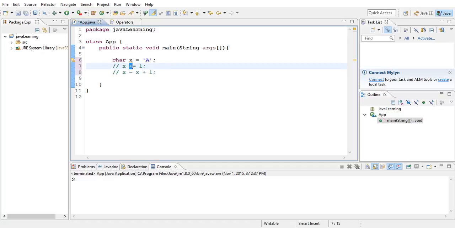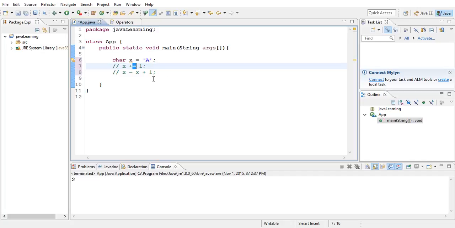But in this case no such conversion takes place. This value of x is treated as what it is, that is character. So this process is more efficient than this one. So anytime you come across this type of situation in which you need to add x to itself and some other value, better go with the arithmetic assignment operator because it is treated more nicely than the second one.